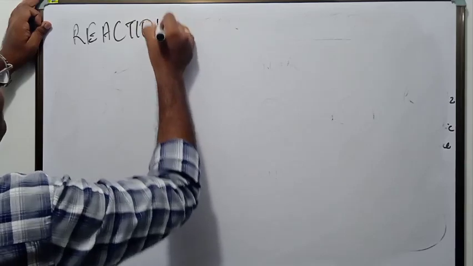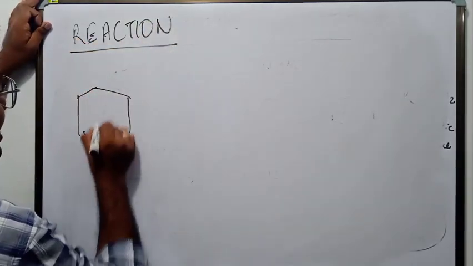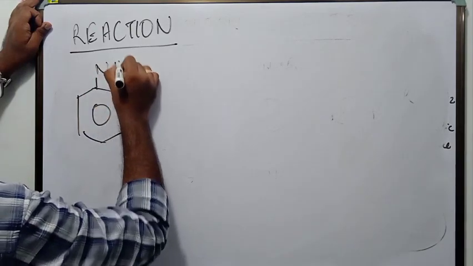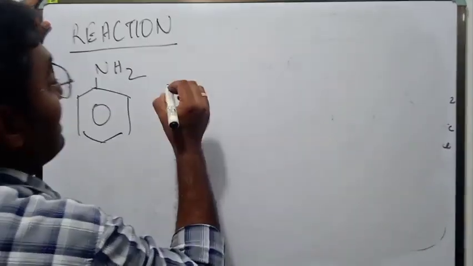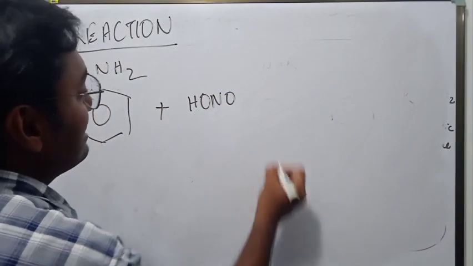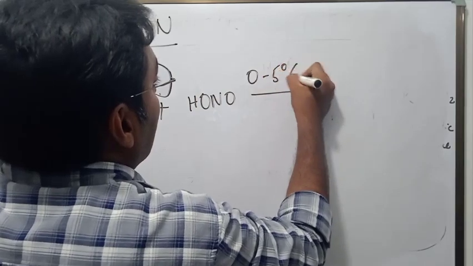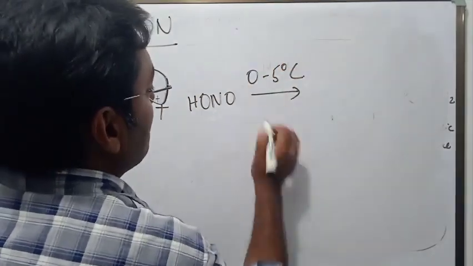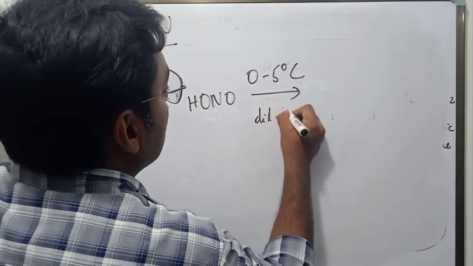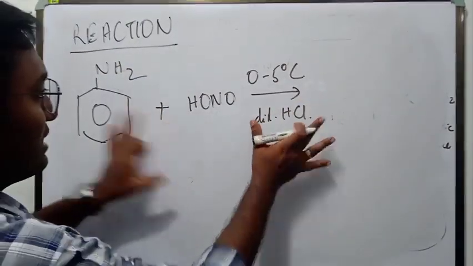Yes, primary aromatic amine. I am taking that. Treat it with nitrous acid, HONO. The diazotization reaction takes place at cold conditions in the presence of dilute HCl. Okay, this is the reactant and these are the conditions.